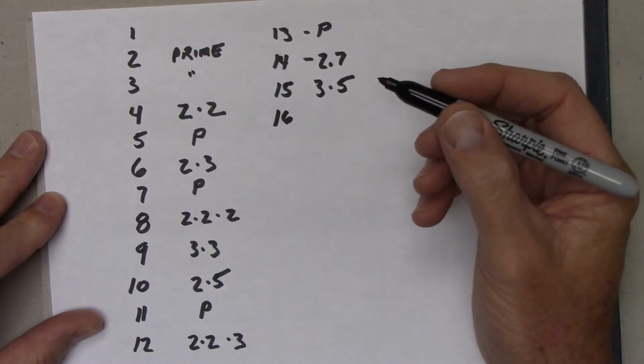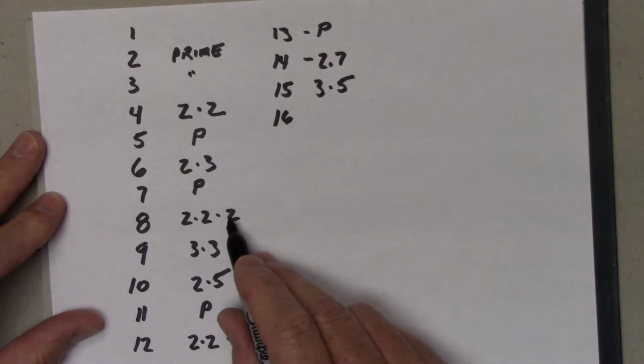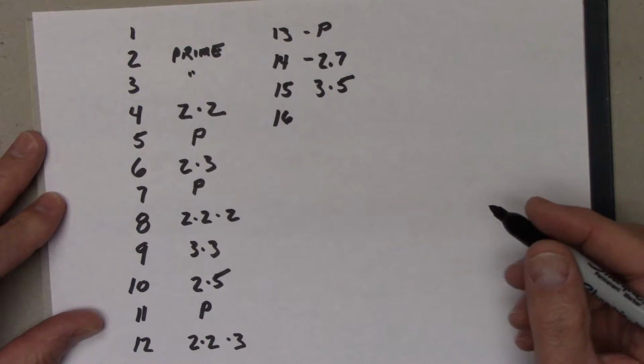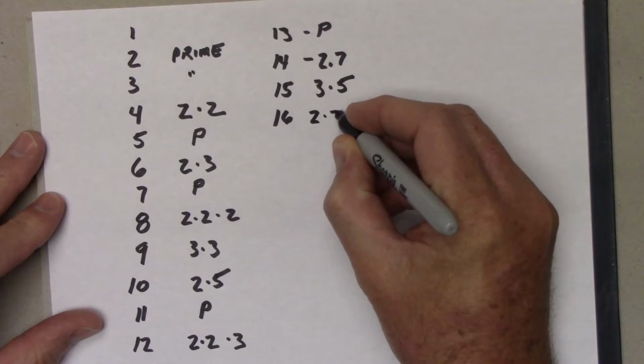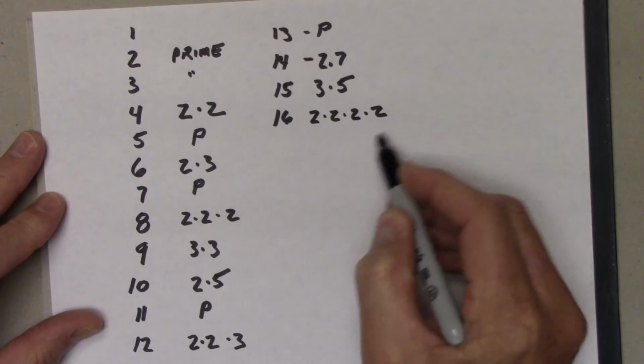Oh, 16. Remember our 8 down here? How did we make 8? 2 times 2 times 2. How do you make 16? What do you multiply 8 by to get 16? 2. So this becomes 2 times 2 times 2 times 2, or 4 times 4.